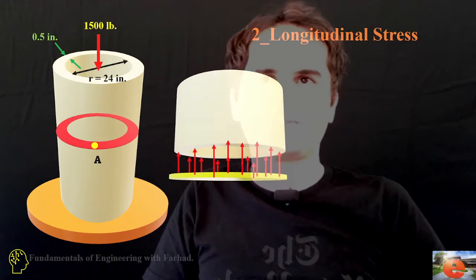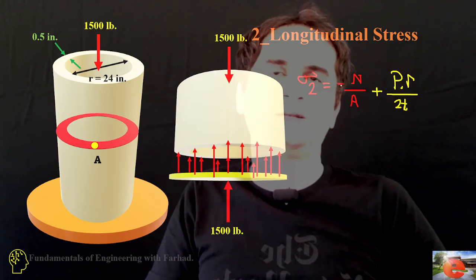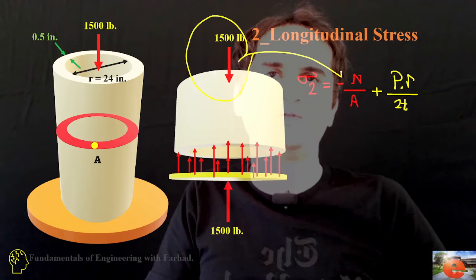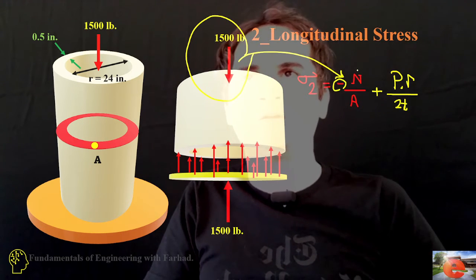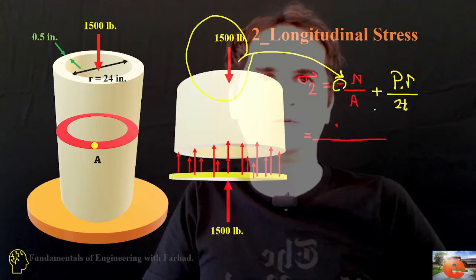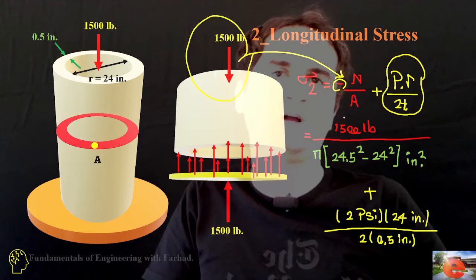So to see the effect of sigma 2 with this external force, we have a normal stress, which is a compressive, negative normal force over the area, that's 1500 over the area, plus PR, this time over 2 times thickness.